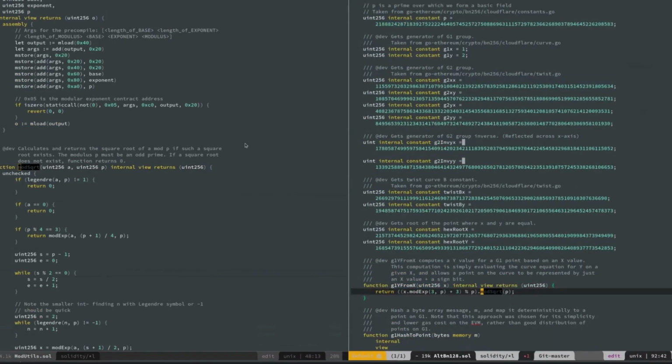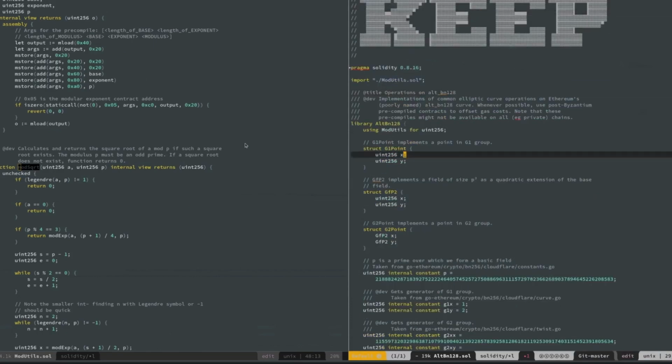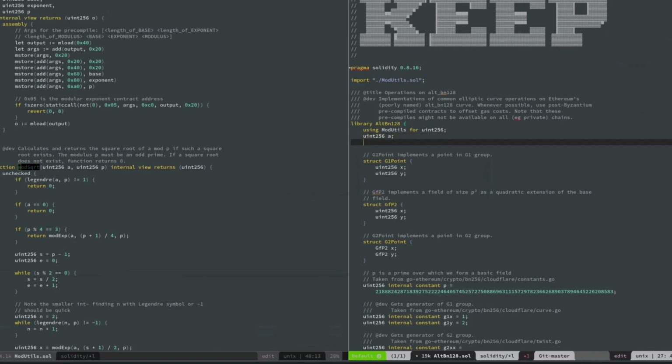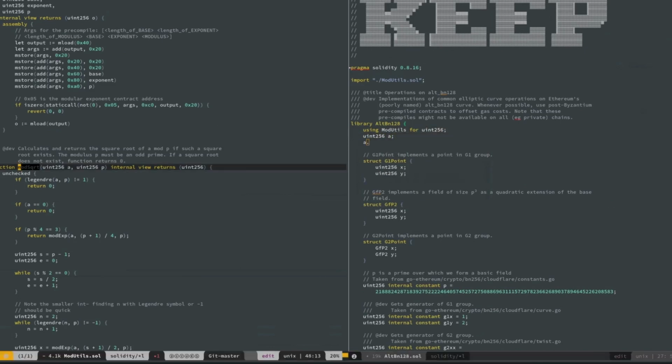Oh, I actually found out about this the other day. I thought it was so cool. I didn't know this about Solidity, but you can basically extend any base type with a library, which is wild. So if you say using mod utils for uint256, that means I can say whatever a, and then I can say a dot some function in here.